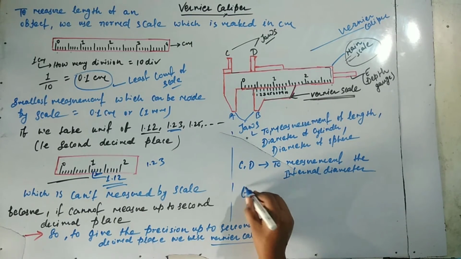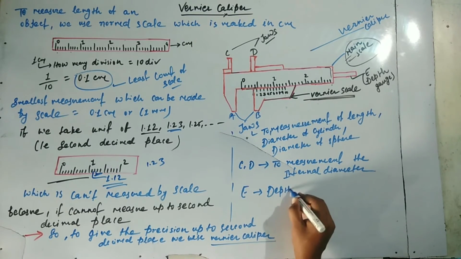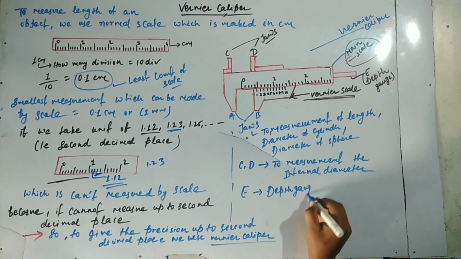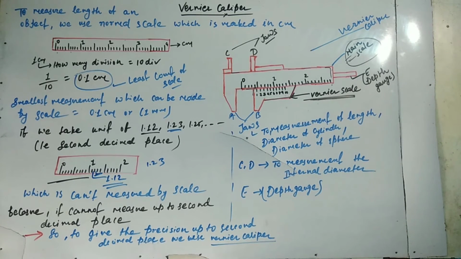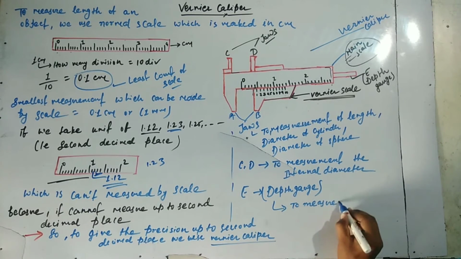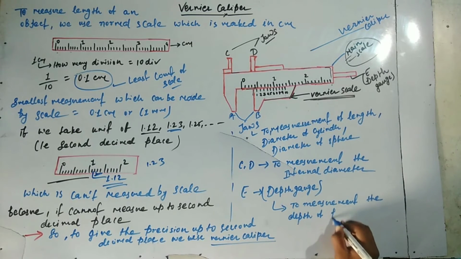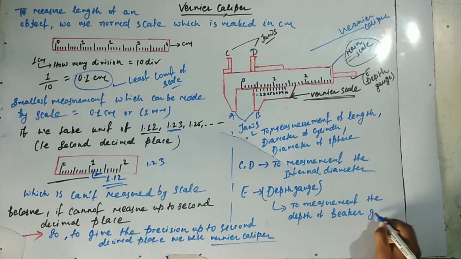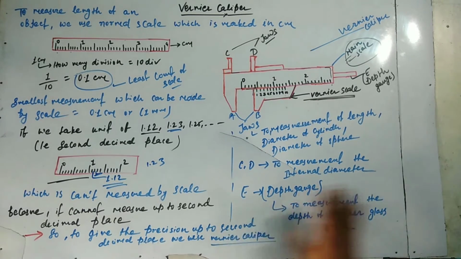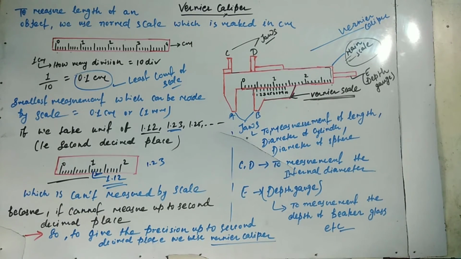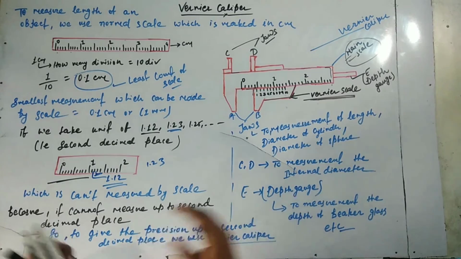Its work is to measure the depth of a beaker, glass, etc. So that is the naming of the parts of the Vernier caliper, and which instruments are used in it.